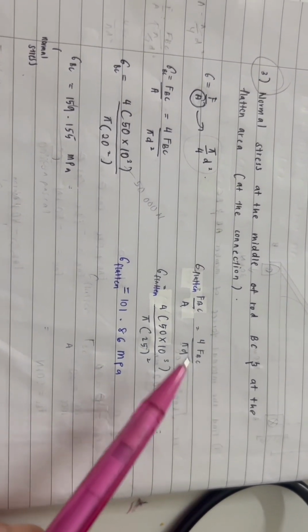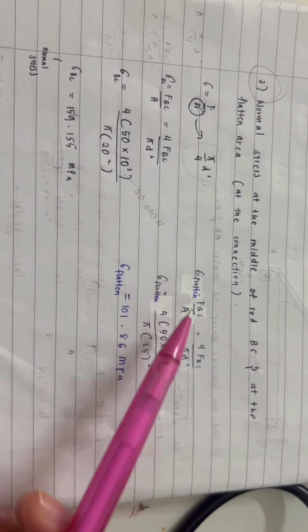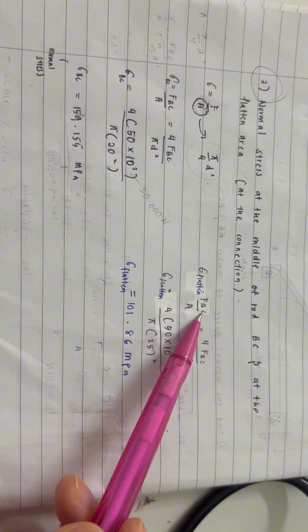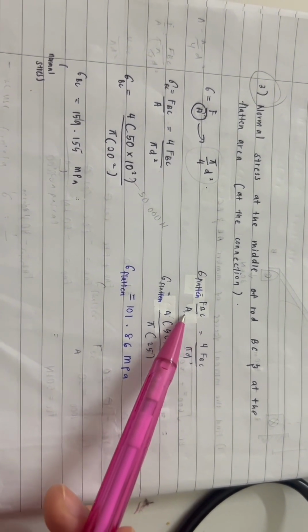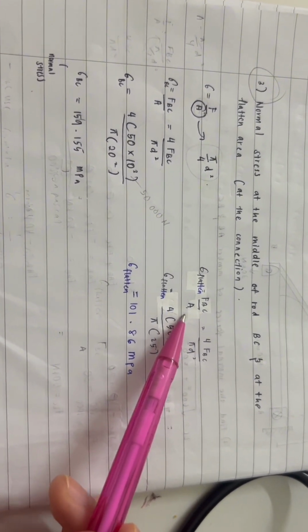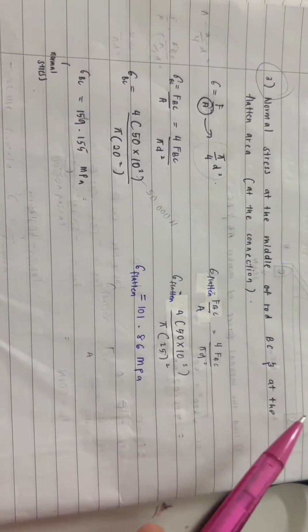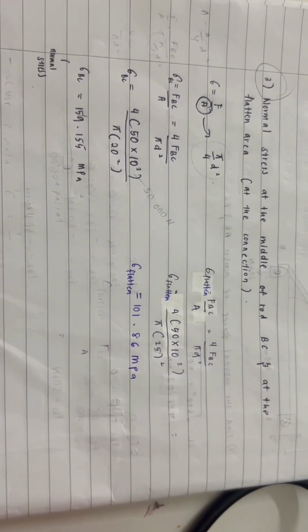So for this question, we use the same approach as before: the internal force of BC divided by the area of the bolt, and we got the final answer of 101.86 megapascal.